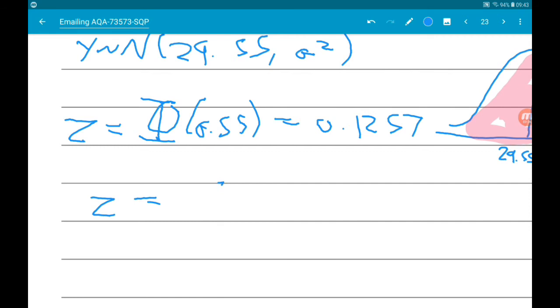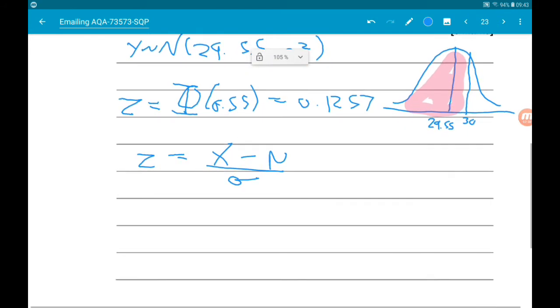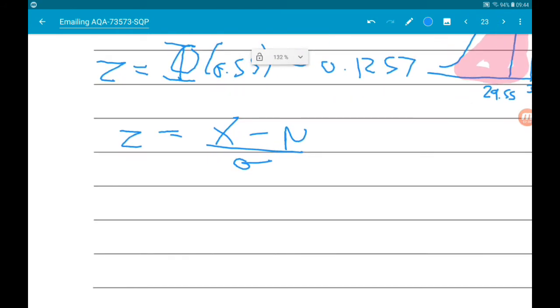Now we also know that z is equal to (x minus mu) over sigma. Now 3 out of those 4 things we know. So we know z is 0.1257. We know x is 30. Mu is 29.55.